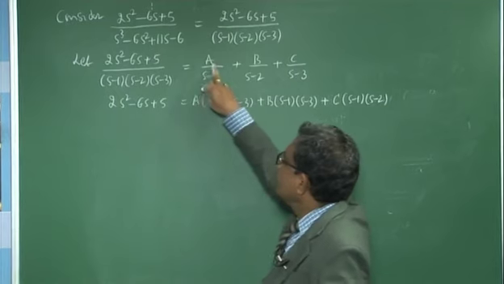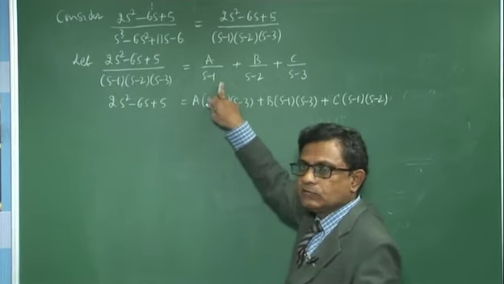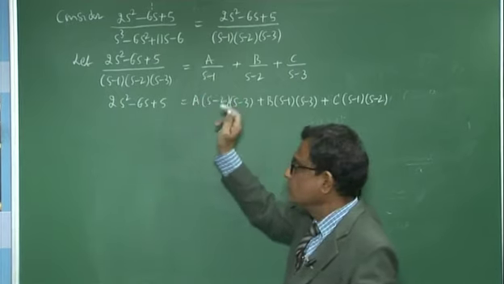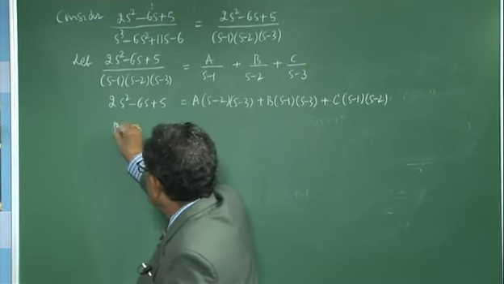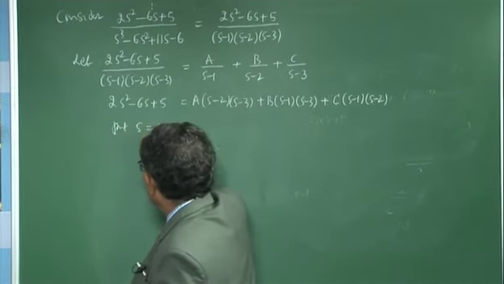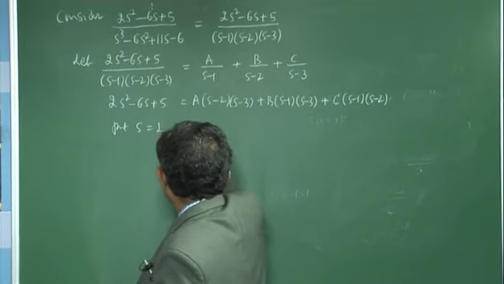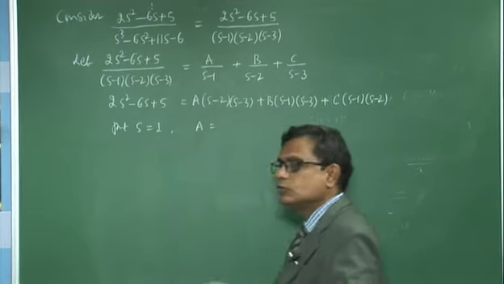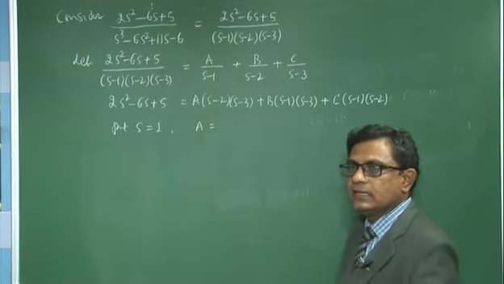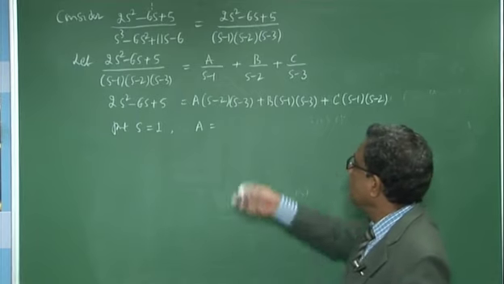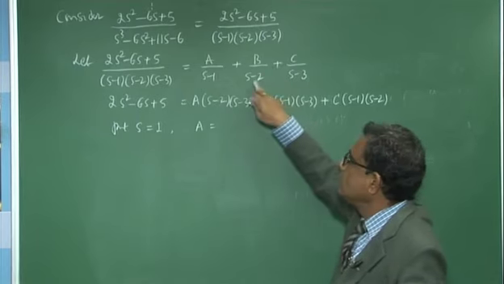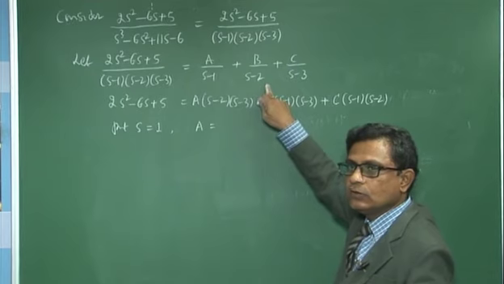For A, s minus 1 equal to 0, then put s equal to 1, and you will get the A value. How to get the B value?